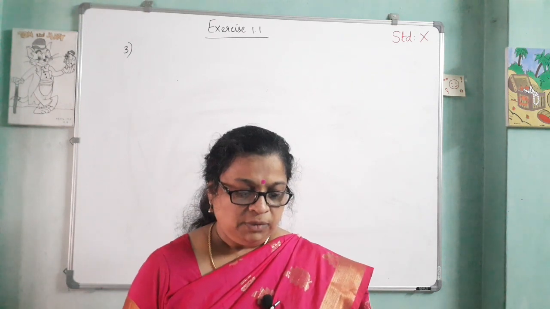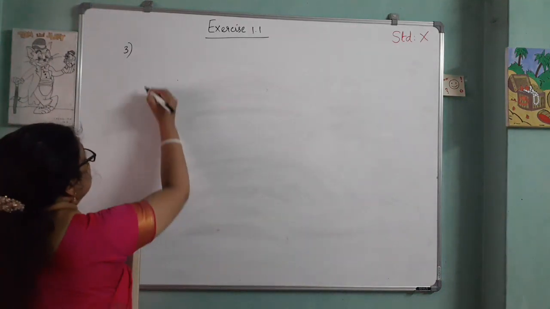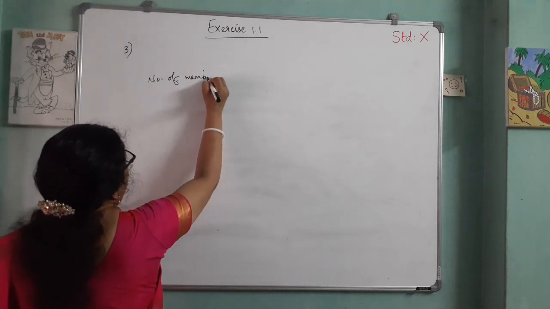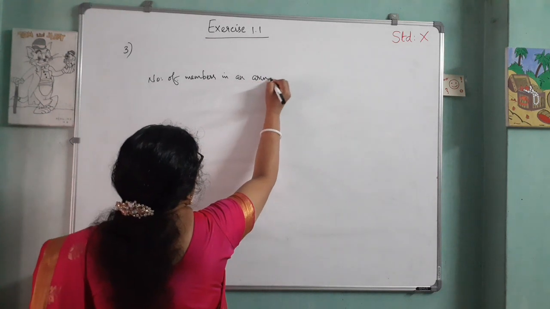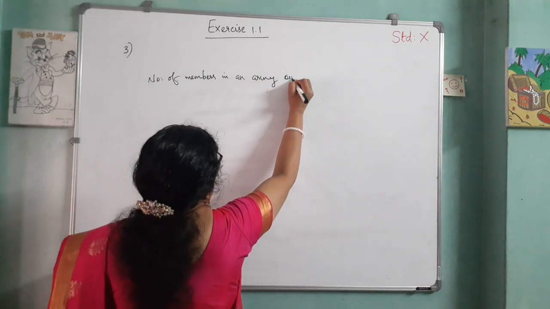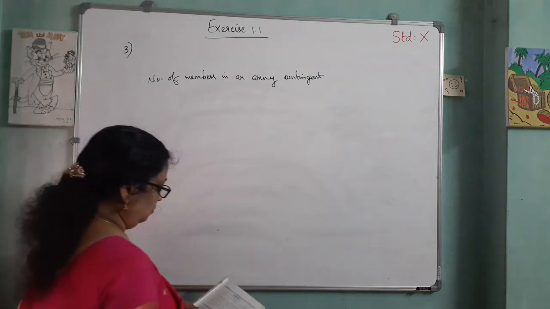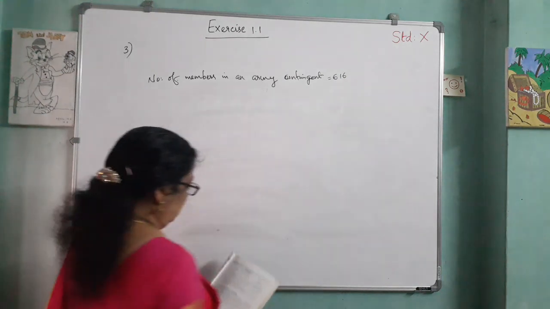So an army contingent of 616 members. So the number of members in an army contingent equals 616.